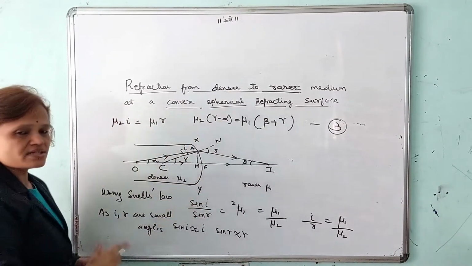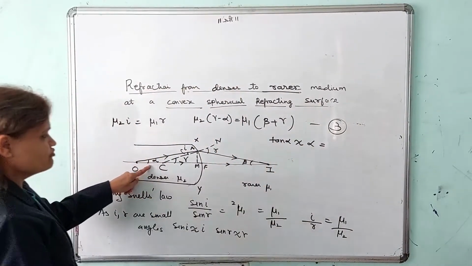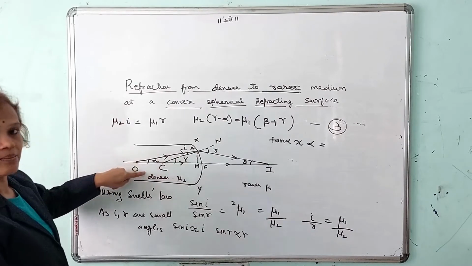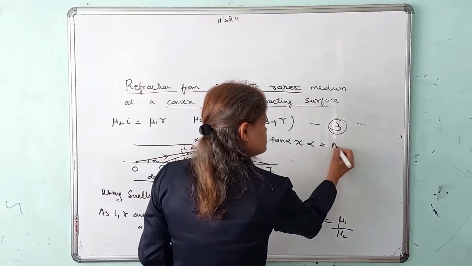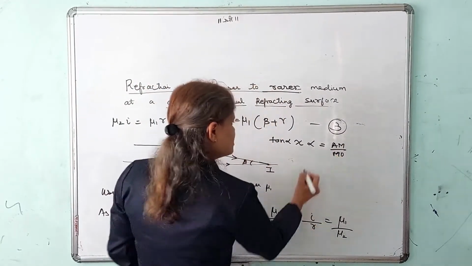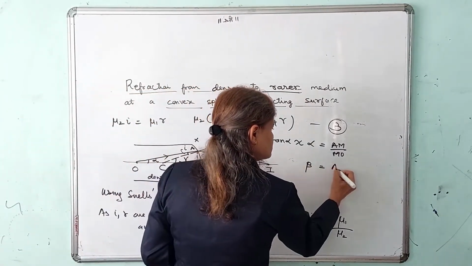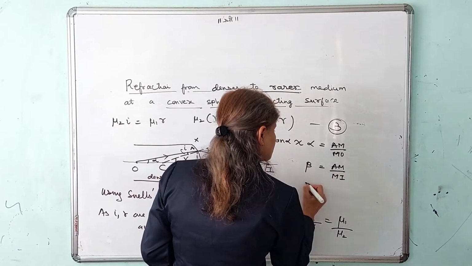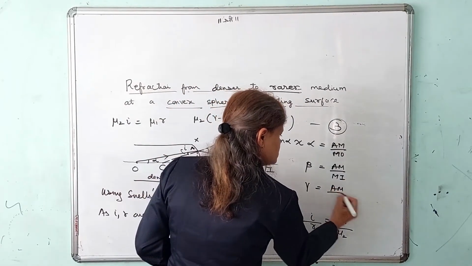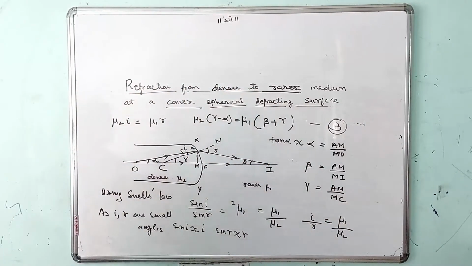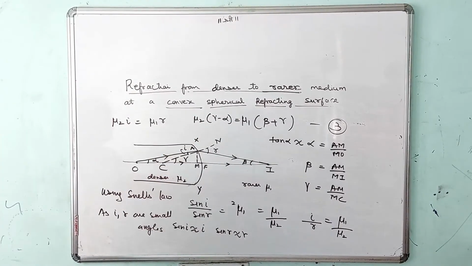Tan alpha is nothing but alpha, which, if you see this triangle OAM, will be AM by MO. Similarly, beta will be AM by MI and gamma is equal to AM by MC. Now we have alpha, beta, gamma, which we are going to substitute in equation 3.